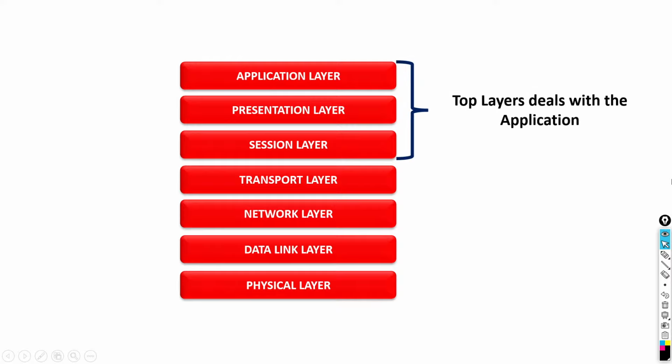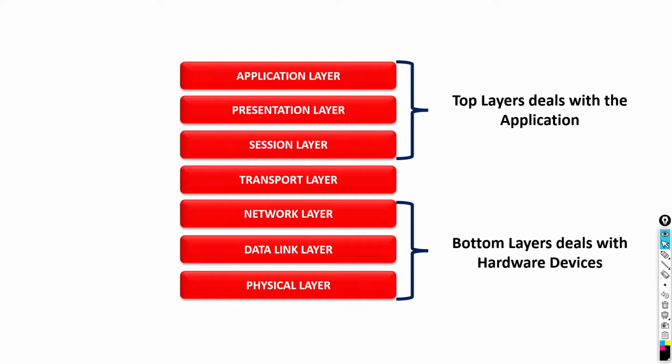Now the top 3 layers you are able to see here are called the top layers of OSI model, and they deal with the applications. The top three layers, application, presentation and session layer, deal with the application, and the bottom three layers deal with the hardware devices such as hub, switch, router, whatever devices are available in a network. All the devices are dealt with by these three layers of OSI model: physical layer, data link layer and network layer.